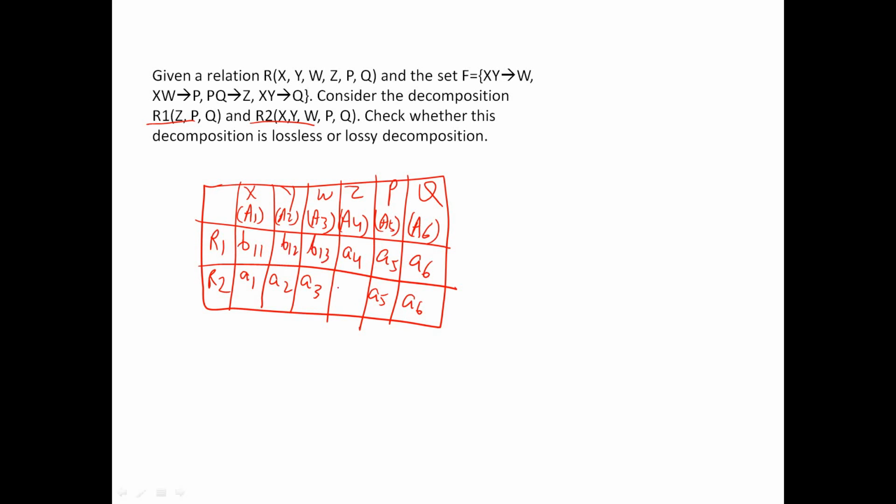Similarly for R2, there is no Z, so I can go for B24. Let's check every functional dependency. For XY, students, check the XY combination. Do any two XY occurrences match? No. So I'll go for no change.